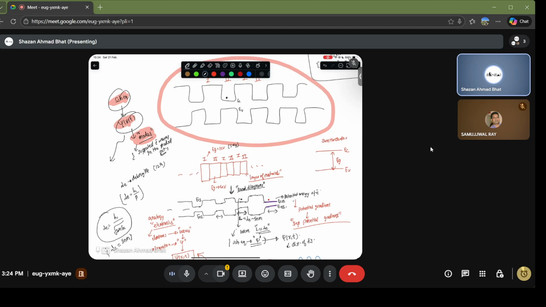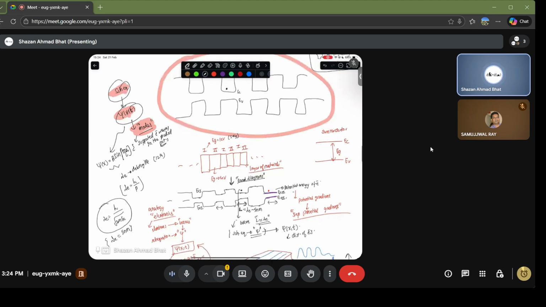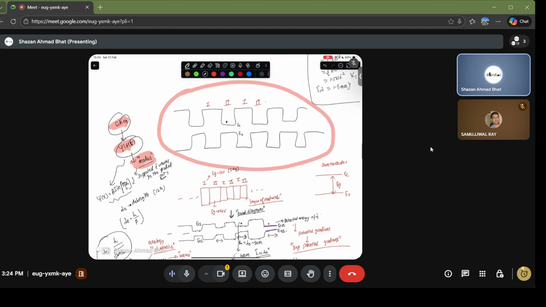When you see the solutions, it looks something like psi as a function of x. Let's forget about time dependence right now. It looks something like amplitude times sine of n pi x divided by L. So it's basically a sine function, and when you solve it for different n, n equals 1, 2, 3, 4, so on and so forth.